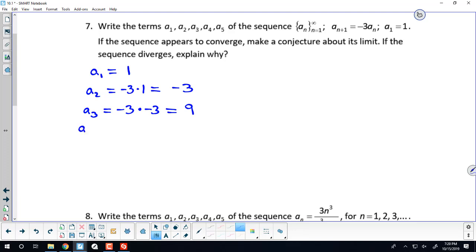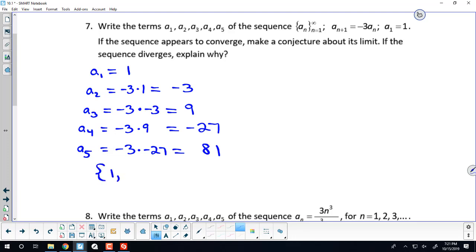A sub 4, -3 times 9, -27, and a sub 5, -3 times -27, which is 81. So it's really just kind of like these alternating powers of 3.